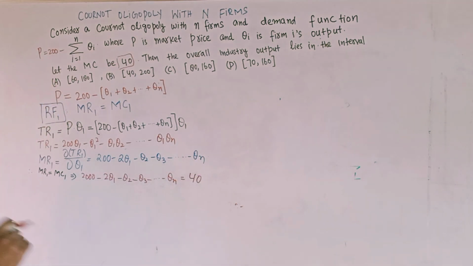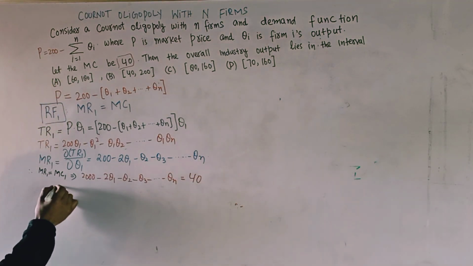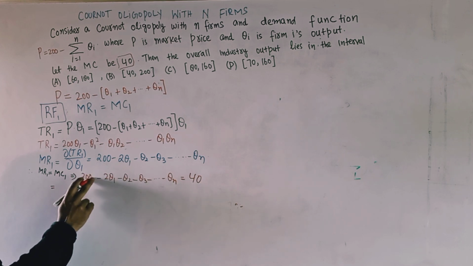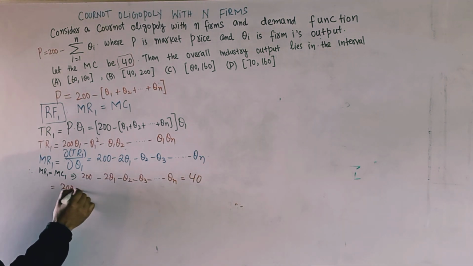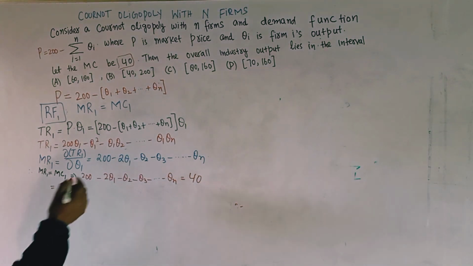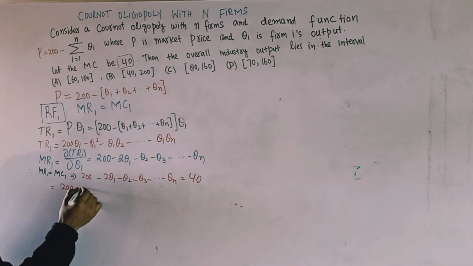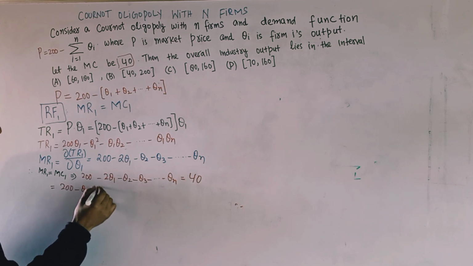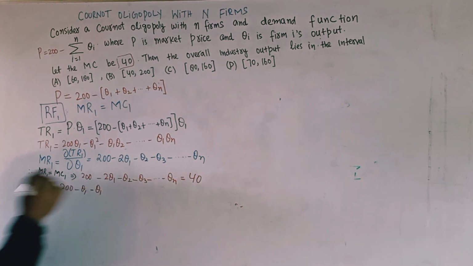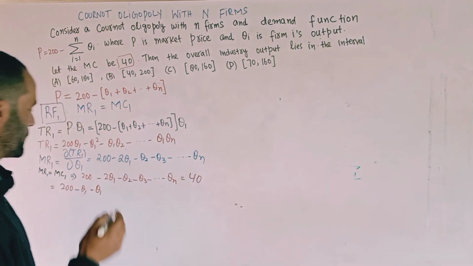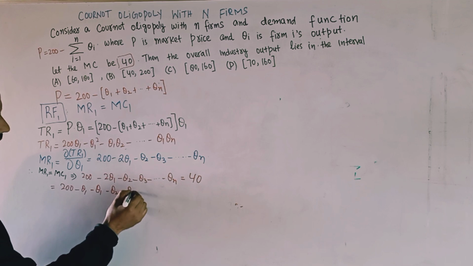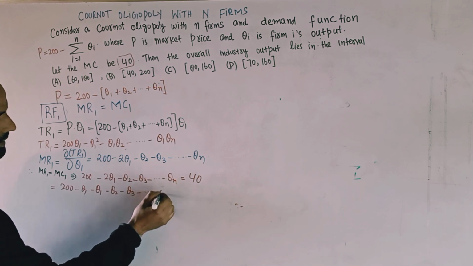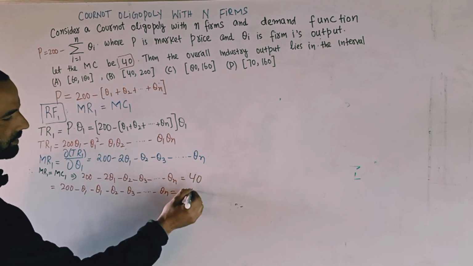Now we can do one thing here. I can rewrite it as 200 minus Q1 minus Q1, so in place of minus twice Q1, I have written Q1 and Q1. Then we have minus Q2 minus Q3 minus so on up to minus Qn equal to 40.